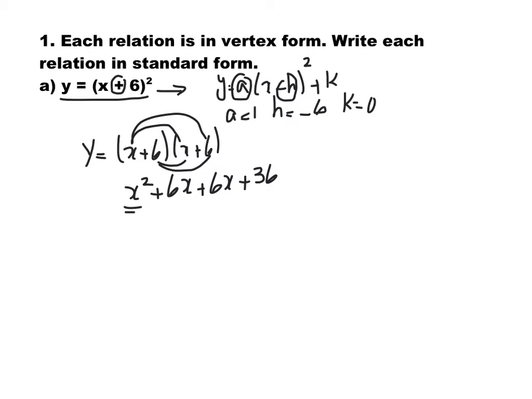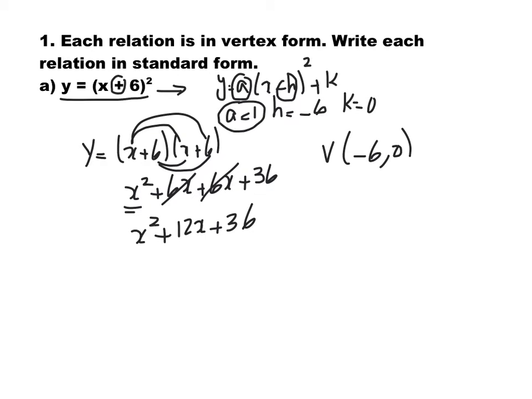X squared, there is no like term, so it's x squared. 6x plus 6x is 12x. And then plus 36. So y equal (x plus 6) squared, which is in vertex form, is the same as y equal x squared plus 12x plus 36 in standard form. And the coordinate of the vertex is h and k, which is negative 6 and 0. And also, because a is 1, which is positive, parabola opens upward.